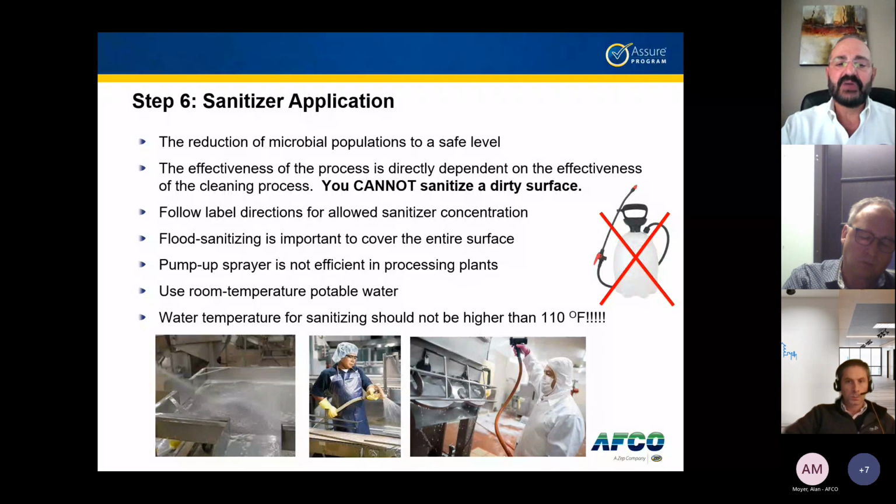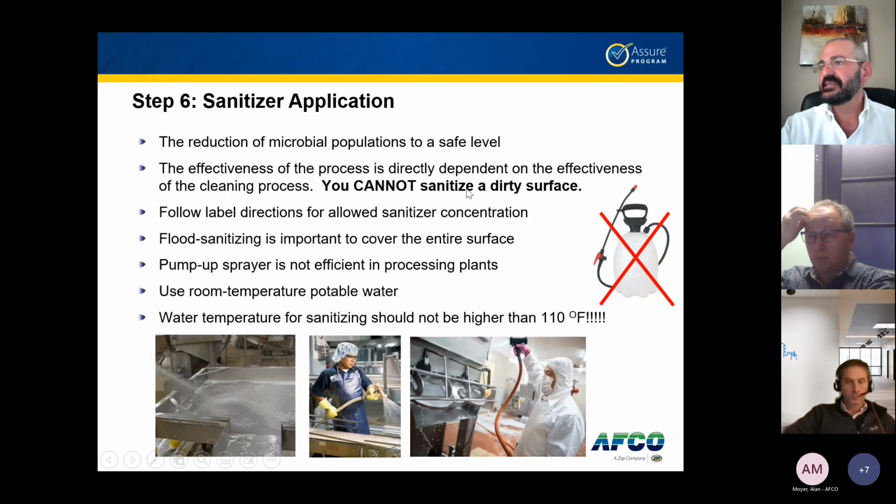Always follow labeled directions when you apply a sanitizer. Do not use a sanitizer that says apply it at 200 ppm on the label at 150. Do not use it at 100, because that will not kill all the microorganisms. And the ones that are still alive might build resistance to the sanitizer.